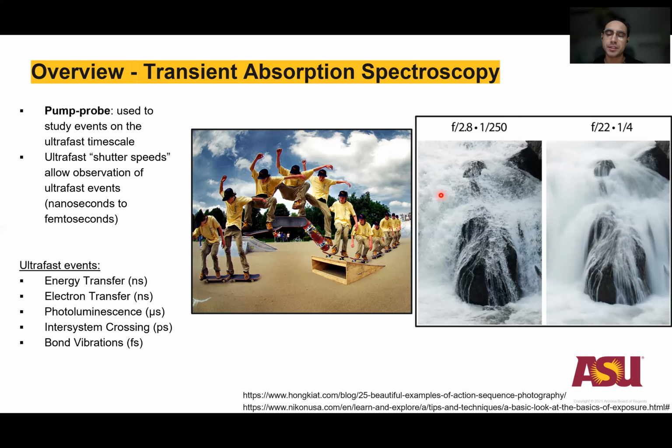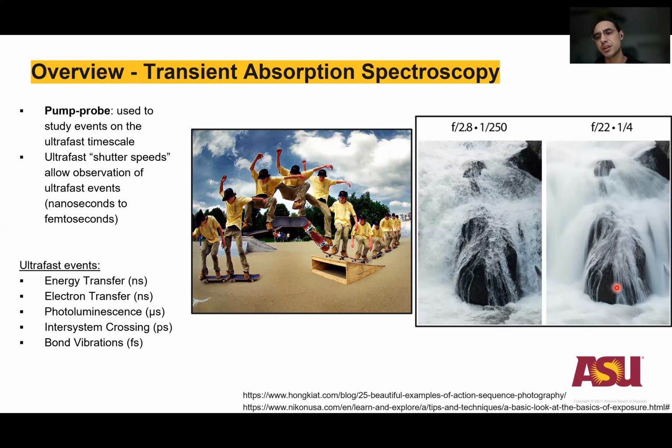As you can see, when we have a much faster shutter speed, the camera is able to capture a lot more of the nuances, like the water splashing in all these different directions, and you get a much clearer image.